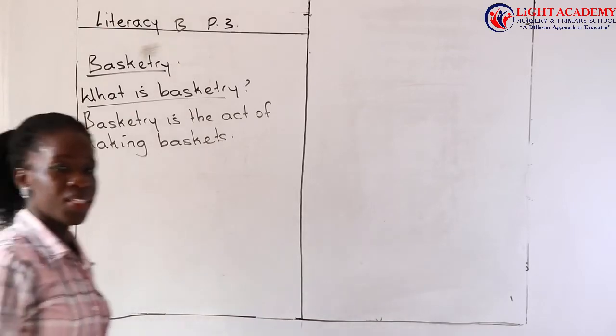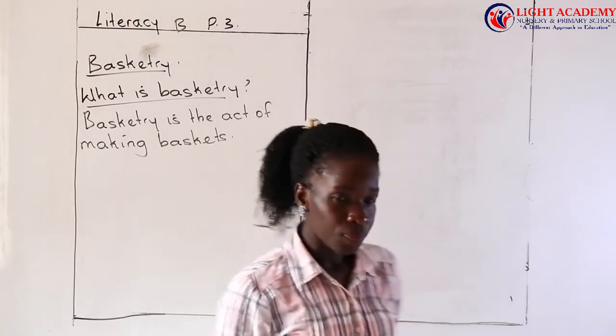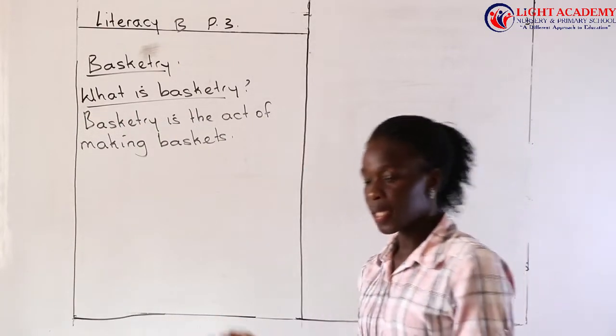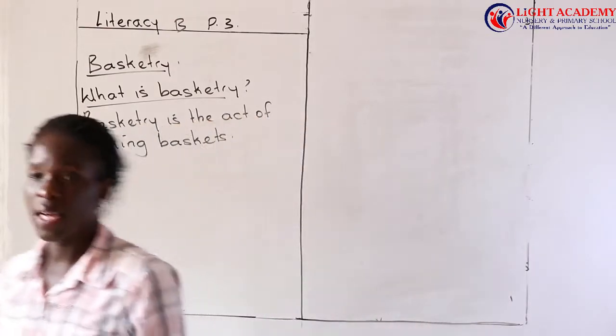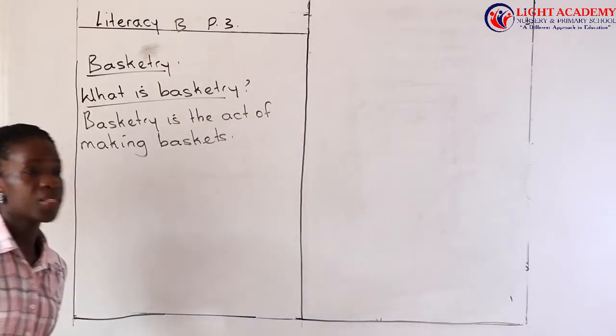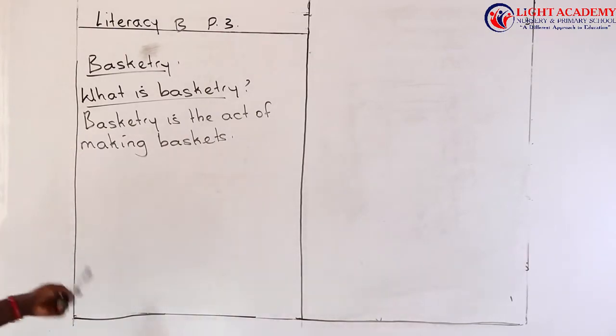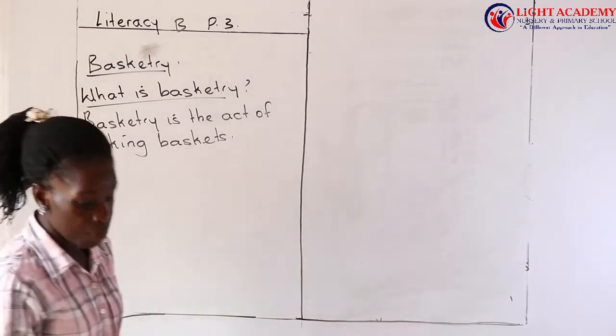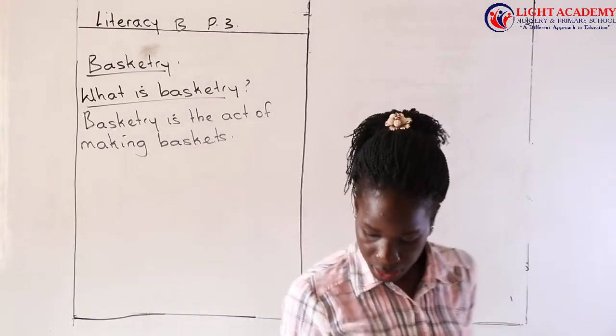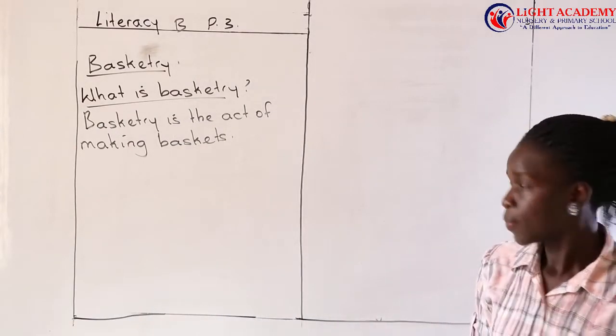So we all know what a basket is. You've ever seen a basket? People use baskets for going to the market to shop for some things, and many others. Some people store some food in them. So basketry is the act of making what? Baskets. Basketry is the act of making baskets.